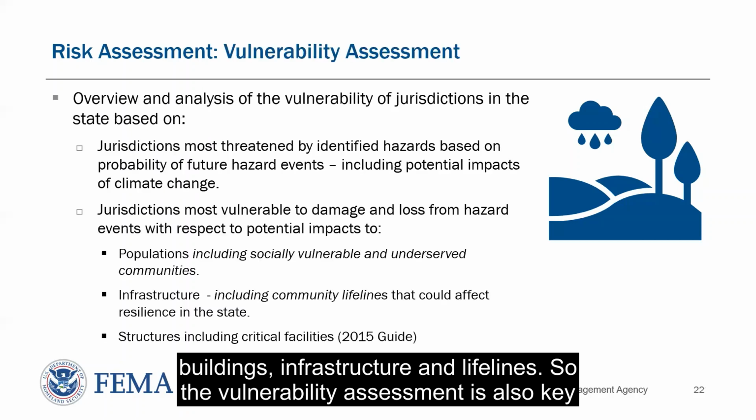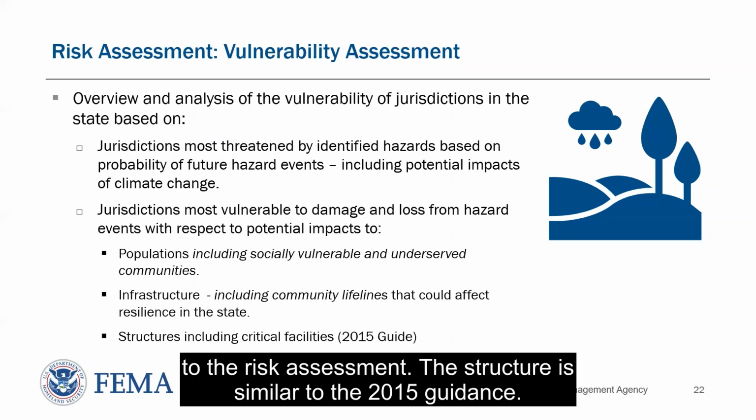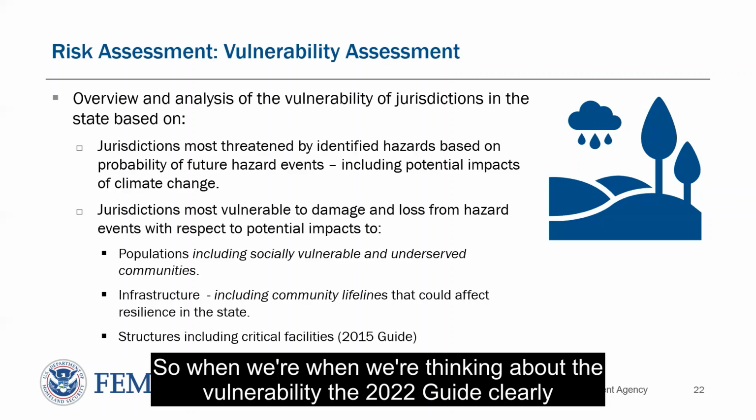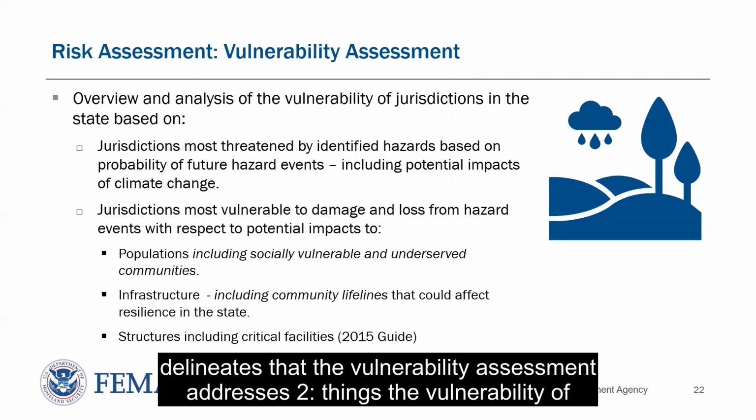So the vulnerability assessment is also key to the risk assessment. The structure is similar to the 2015 guidance. So when we're thinking about the vulnerability, the 2022 guide clearly delineates that the vulnerability assessment addresses 2 things.